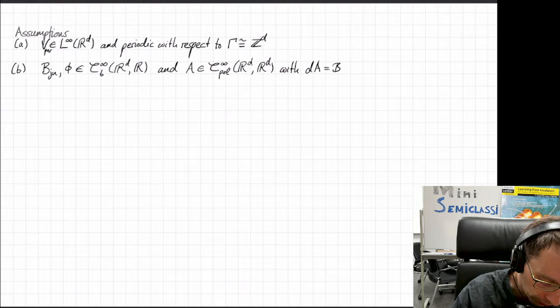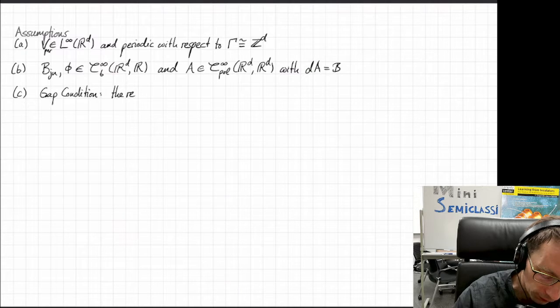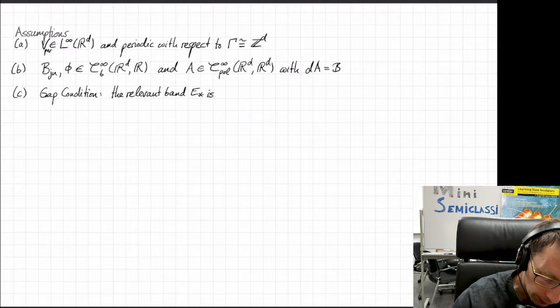And then the last one, that's the so-called gap condition. And here we assume that the relevant band E star is non-degenerate and isolated.